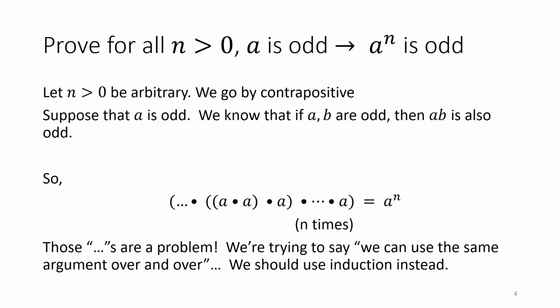So we have an example. If a number A is odd, then A to the n is also odd, where n is a natural number, and we want to prove this.